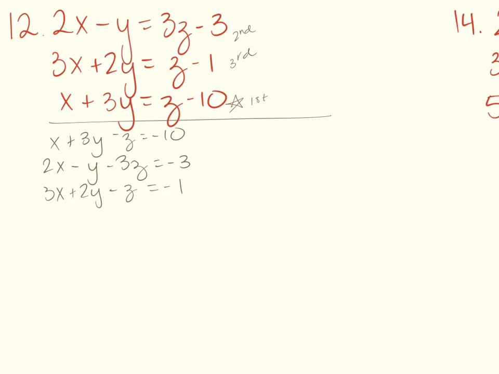And if you're wondering why I moved it the way I did, it's because in this first equation now, the x has a coefficient of 1, and I'm going to use this to solve for x at the very end, and so I want to make it easy for myself as we move along.